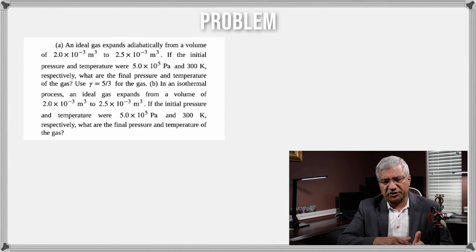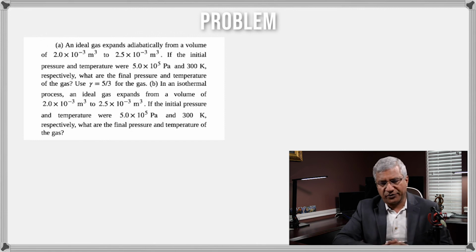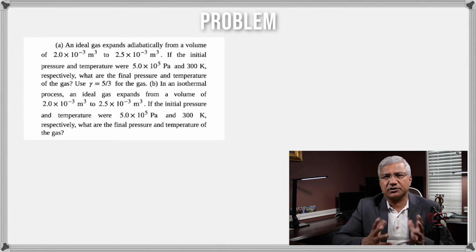If the initial pressure and temperature were 5 times 10 to the 5 pascals and 300 Kelvin respectively, what are the final pressure and temperature of the gas? So you are given the initial and the final volumes, the initial pressure and the initial temperature. We have to find the final pressure and the final temperature. Gamma is given as 5/3, which is 1.67, which means it's a monoatomic gas.